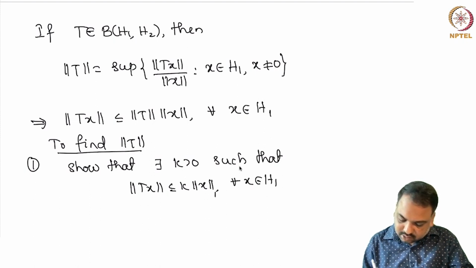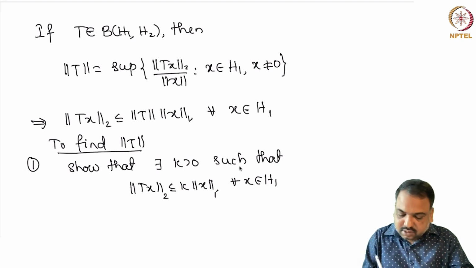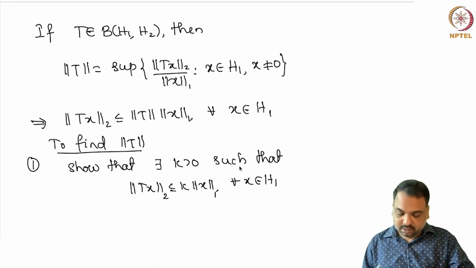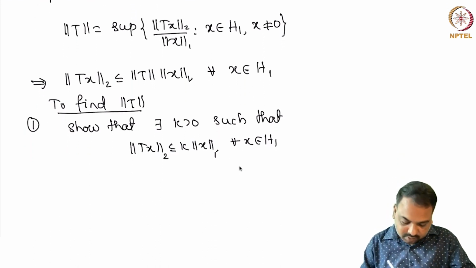Here we can put norm 1 or norm 2 depending on the Hilbert space. This is 2, this is 1. Okay, this is the first step.